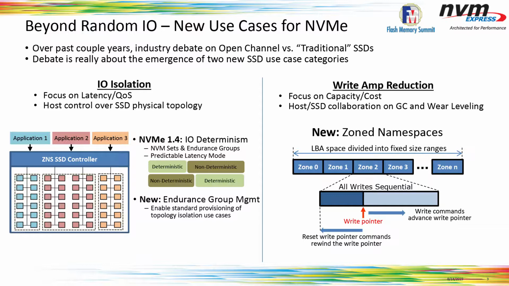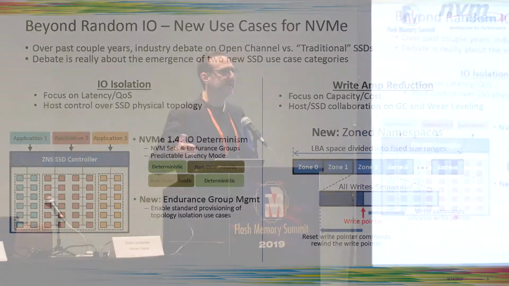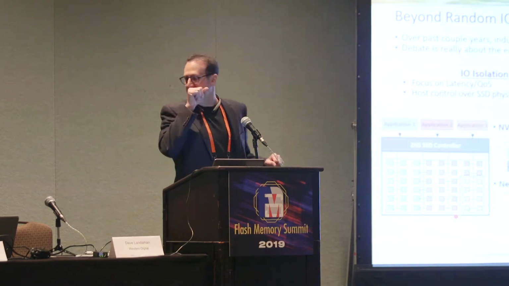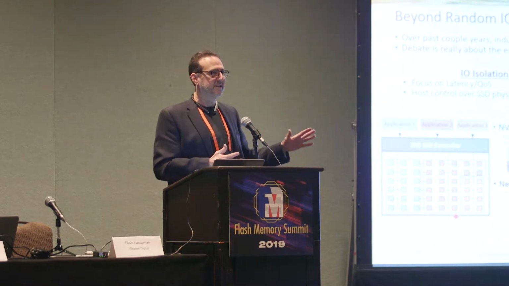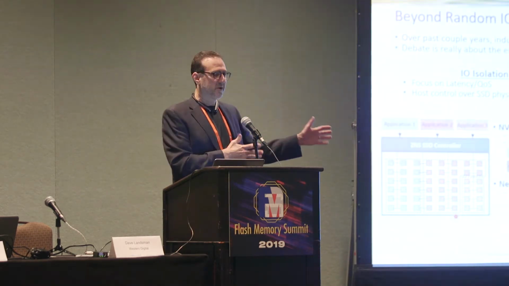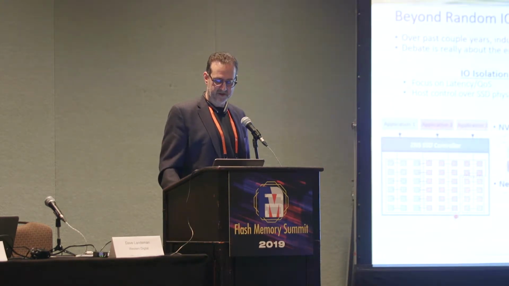The namespace is divided into zones, and each zone must be written sequentially. The drive manages a write pointer, and if you violate the sequential rules, you get an error. So we enforce some behavior, and what this allows us to do is match the workload characteristics to the natural patterns within the flash in terms of erase blocks. I'll talk about that a little further.